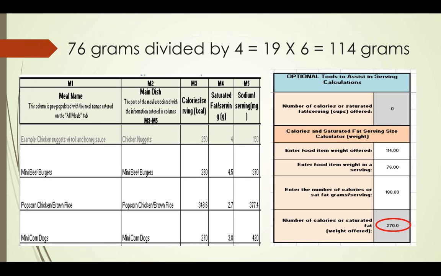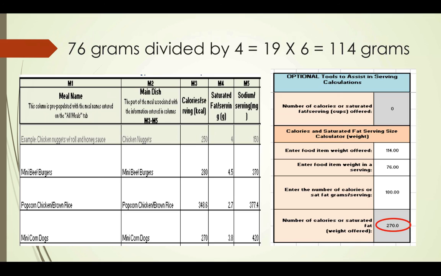On the optional tools calculator, enter 114 grams in the food item weight offered section. Then enter 76 grams in the section stating enter food item weight in a serving.